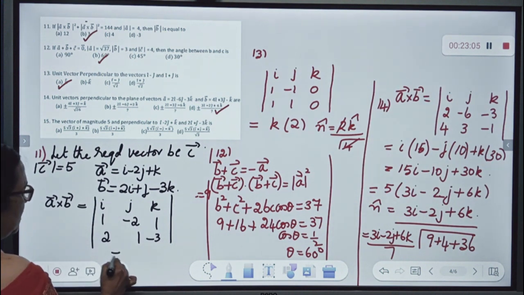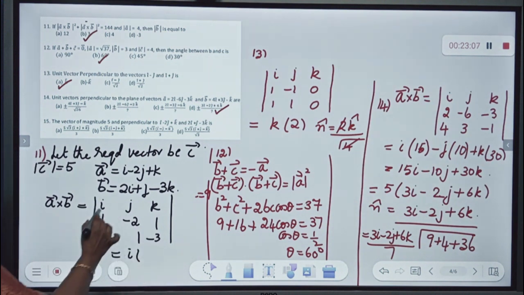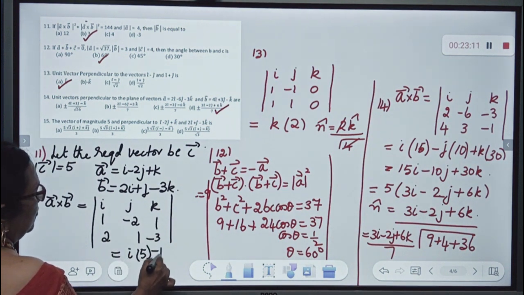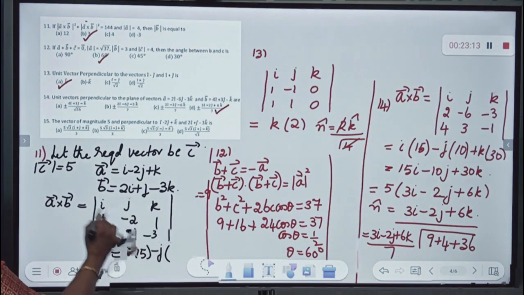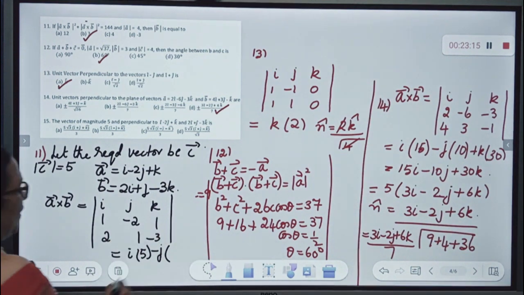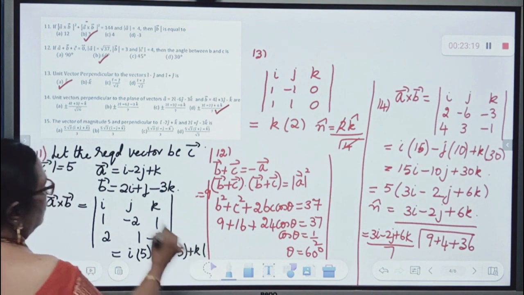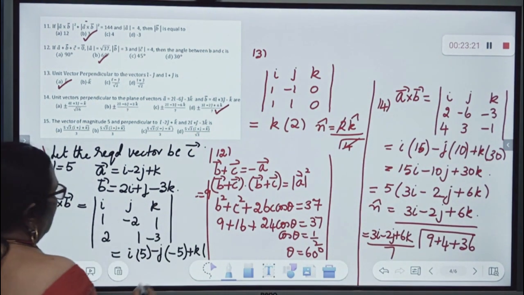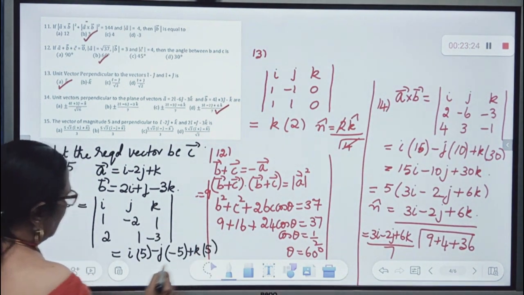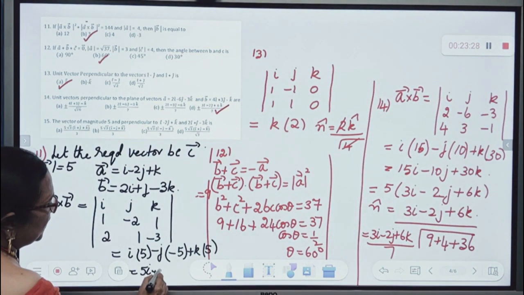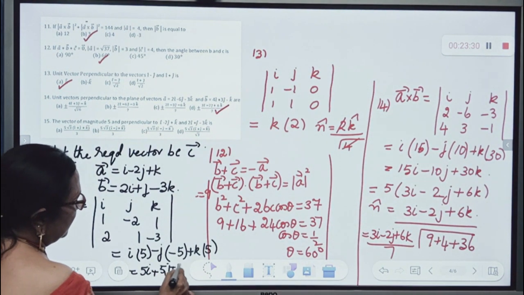Which is i into, leaving out that column and row, 6 minus 1 which is 5, minus j into, leaving out that column and row, minus 3 minus 2 which is minus 5, plus k into, leaving out that column and row, 1 plus 4 which is 5. So this is 5i plus 5j plus 5k.